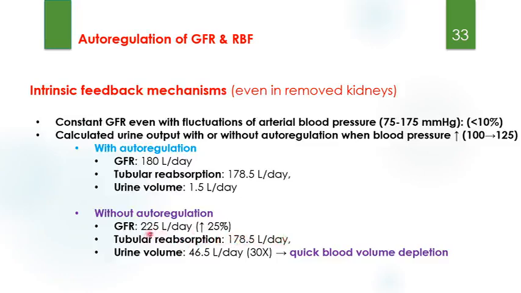So from this high volume of filtered plasma, if you subtract the level that is reabsorbed, a high volume of urine will be produced by the kidneys, and this will lead to quick blood volume depletion. As we mentioned, GFR should be maintained constant despite fluctuation of arterial blood pressure over a wide range.